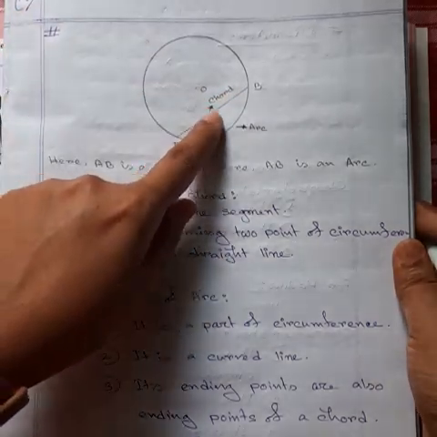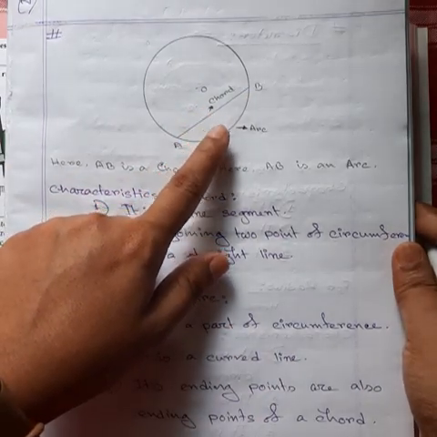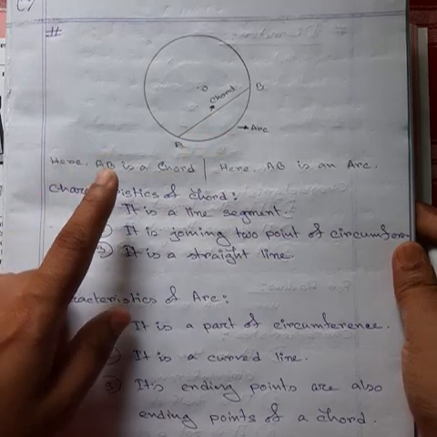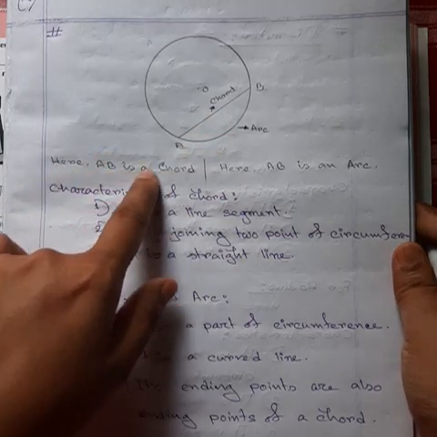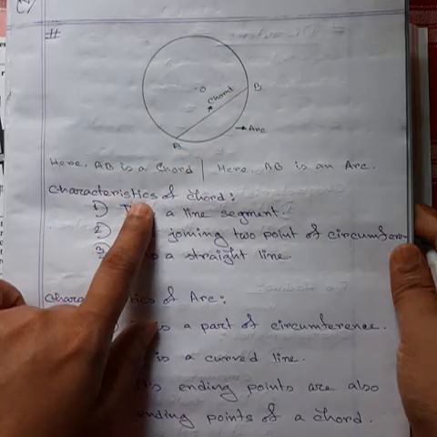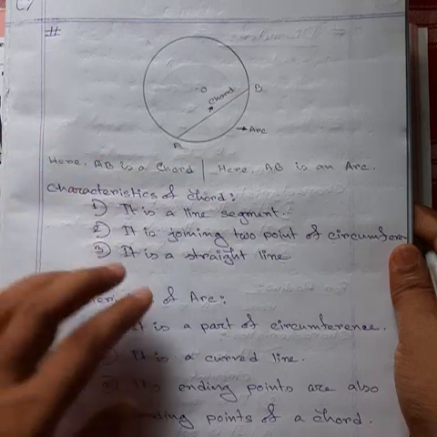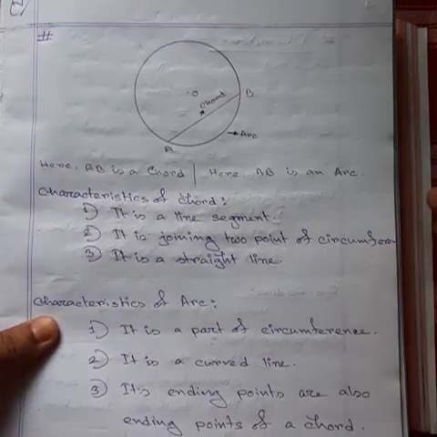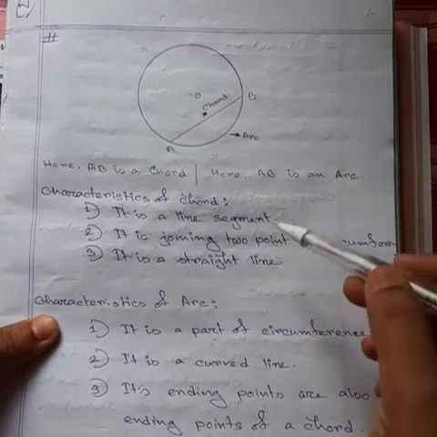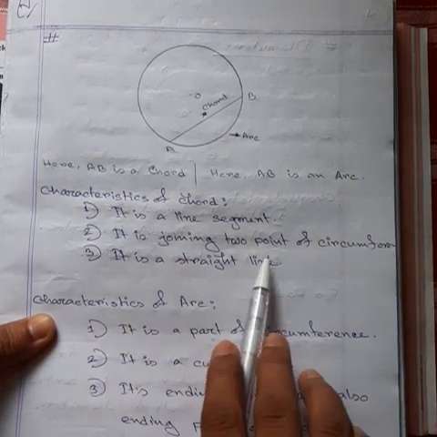I'm just writing it for now to make you understand. If we are talking about a chord, write here AB is a chord. AB is a line segment which is a chord. Then we give its characteristics: it is straight, it is a line segment, it joins the endpoints of the circumference.